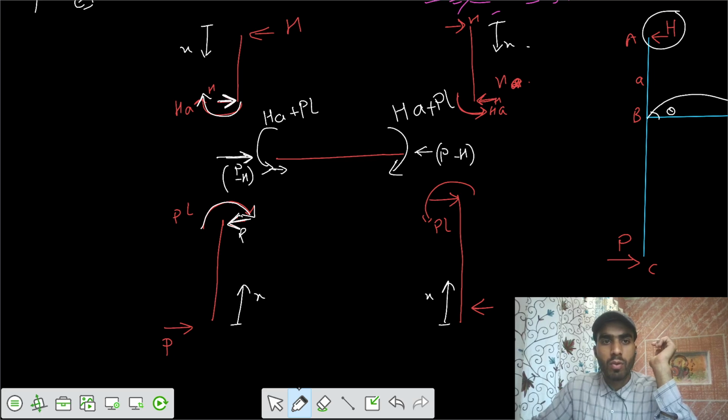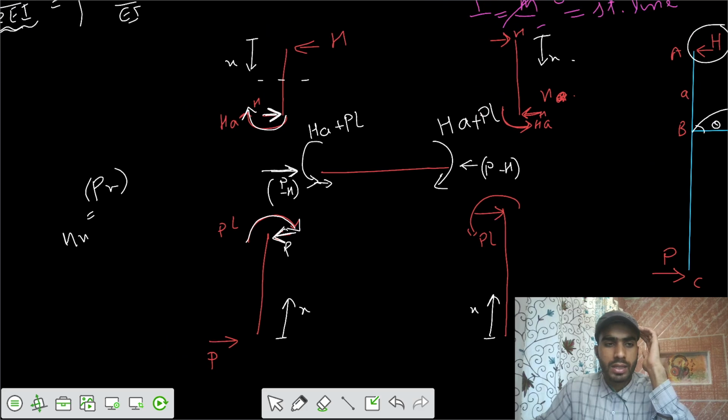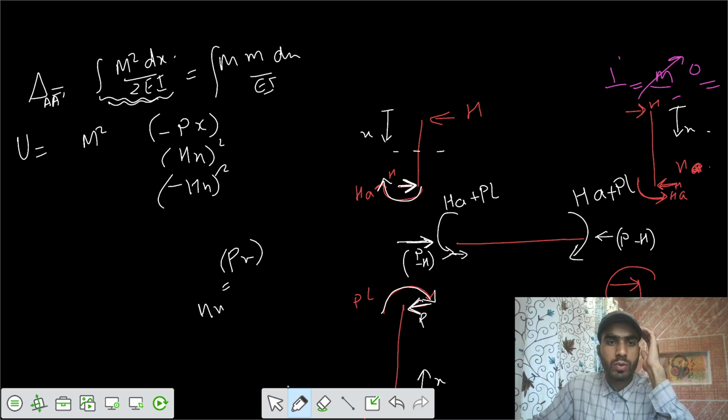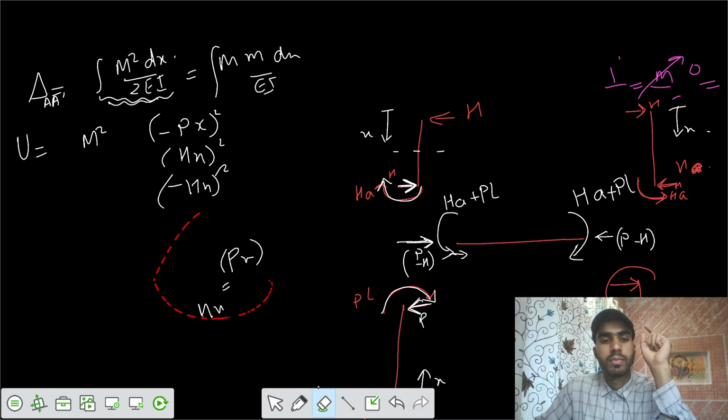So whether your moment equation becomes minus Px or plus Px does not affect here, because if I keep it in terms of strain energy, that's a function of M square. So if it is minus Px or Hx, you have to square it, so it won't make any effect as long as there's only one load acting.